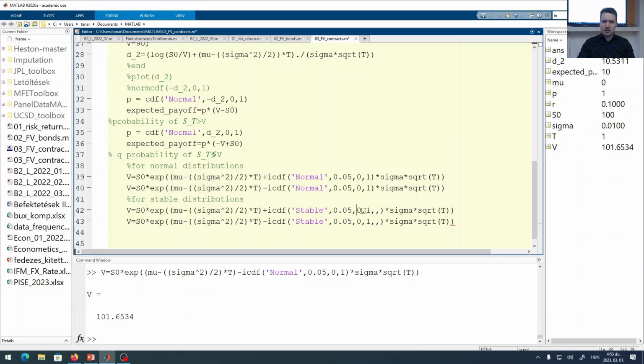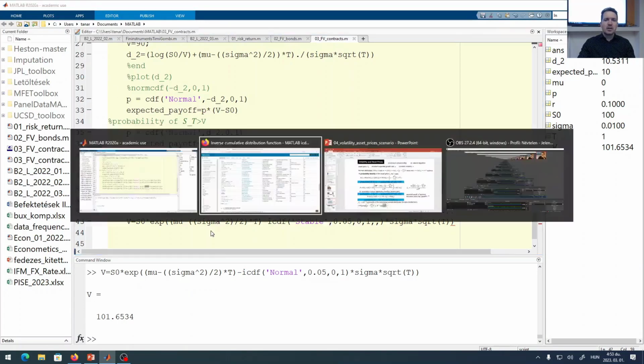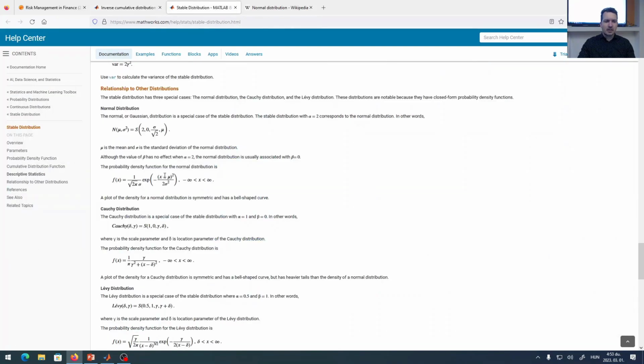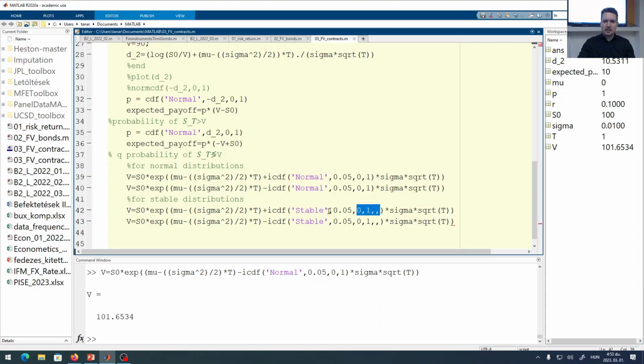So it's this one, and after that let's give alpha, beta, because in this case I can highlight the importance of A, B, C, D.